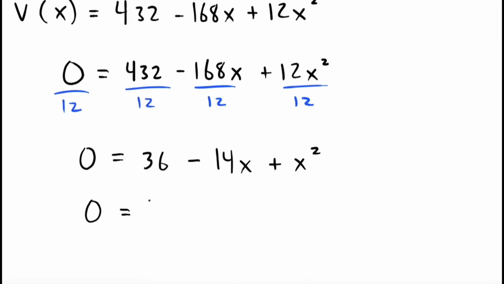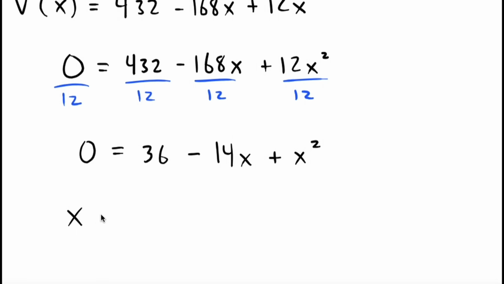When the numbers are small enough, you may be able to factor it. 36, though, its factors would be 6 and 6, 9 and 4. Nothing seems to work there. 12 and 3 doesn't really work. I'm going to use the quadratic formula.